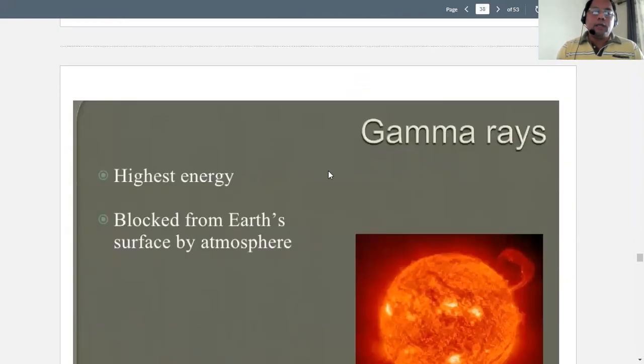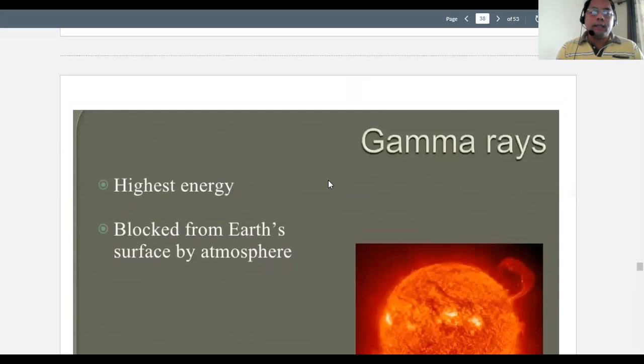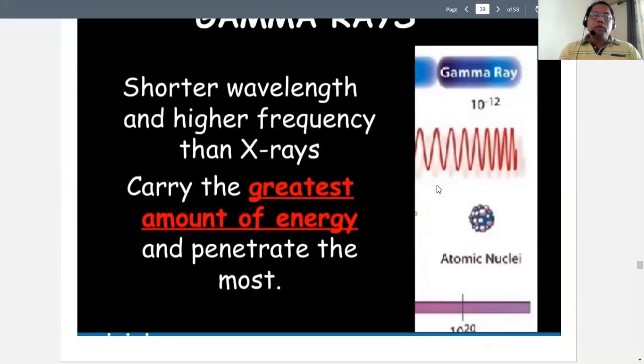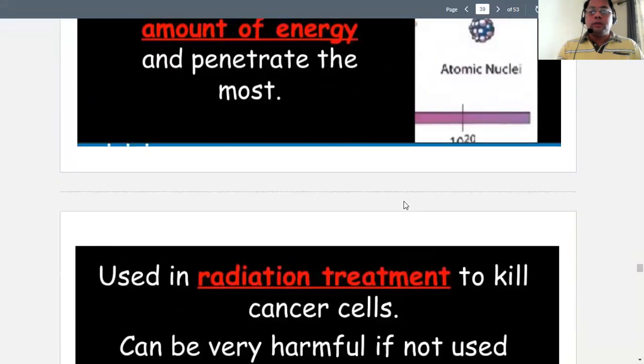Then we have your gamma rays. These are the ones with the highest energy. I think they are very harmful to us. They have the shortest wavelength and the greatest amount of energy. So we don't expose ourselves to gamma radiation.